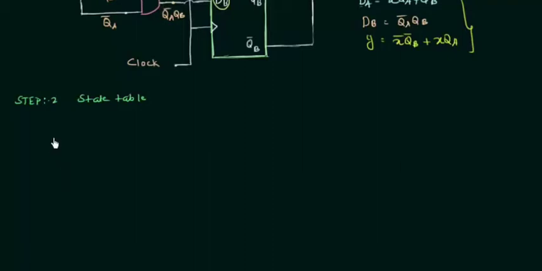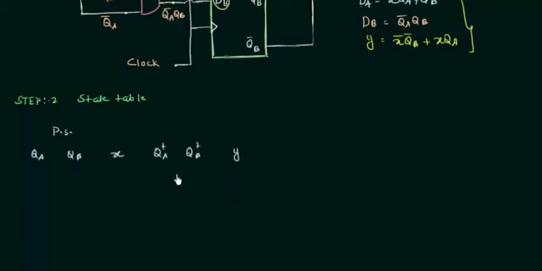The first column consists of the present state, QA QB. The second column will have the input X. The third column will have the next state, QA plus QB plus. This plus represents that it is the next state, and the last column is Y, that is our output.